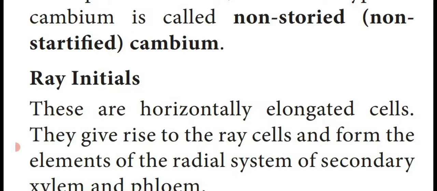Next one, ray initial. These are horizontally elongated cells. See the difference. Fusiform initials are vertically elongated cells, but ray initials are horizontally elongated cells. Vertically means lengthier. Horizontally means widthwise.